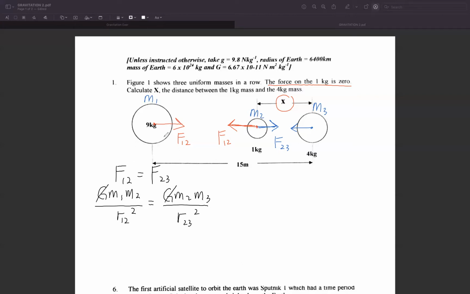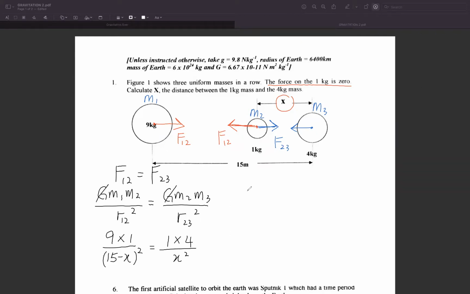So M1 M2 is 9 into 1. And then R12 is, we take 15 minus x squared, equals M2 M3, 1 times 4 over x squared.